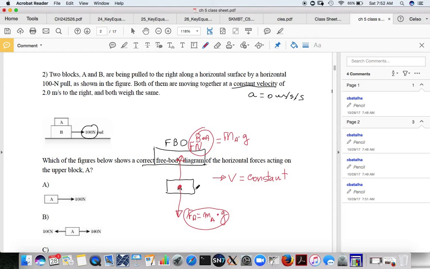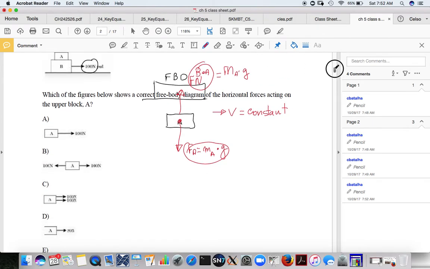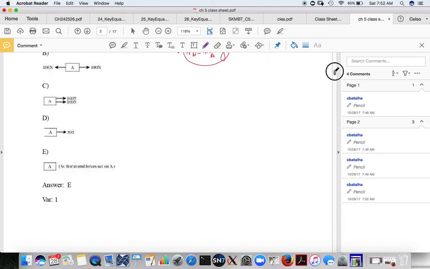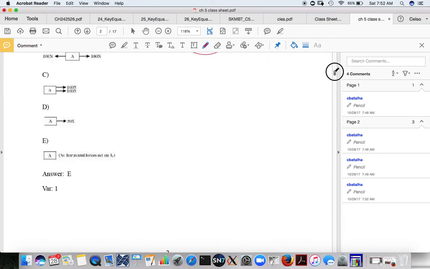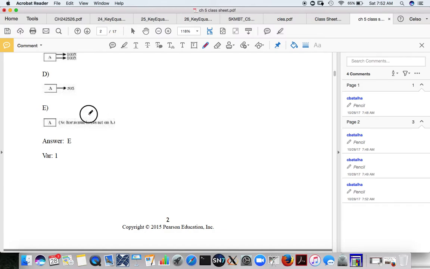So once you initiate the motion, according to Newton's law, if no net force applies to the object, acceleration is 0. Since acceleration is 0, there is no force to the right on block A. So the answer is, I can't read what is written there, but it should be 0 force.